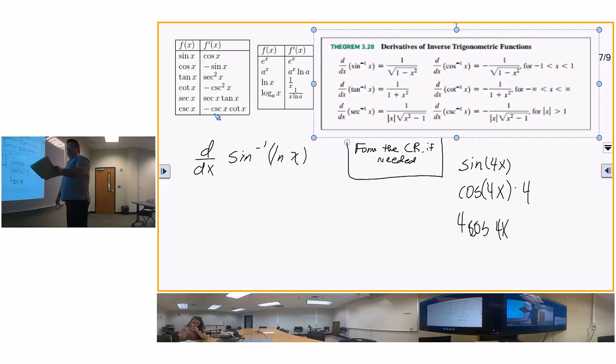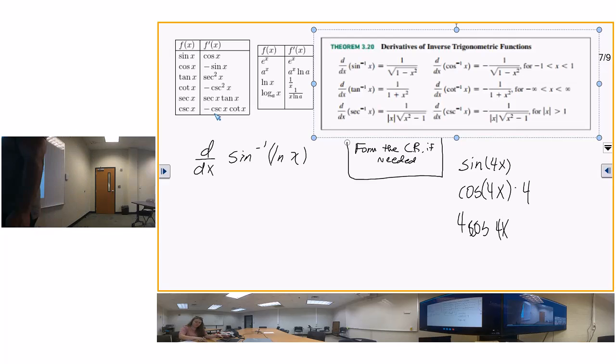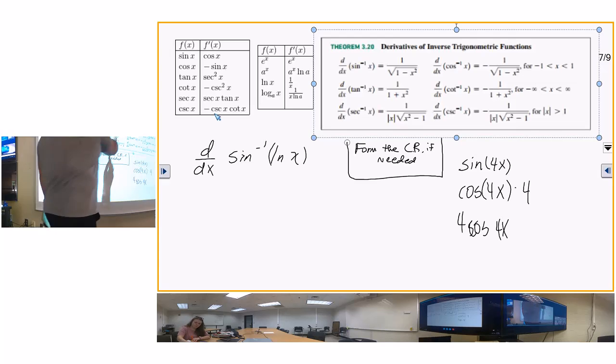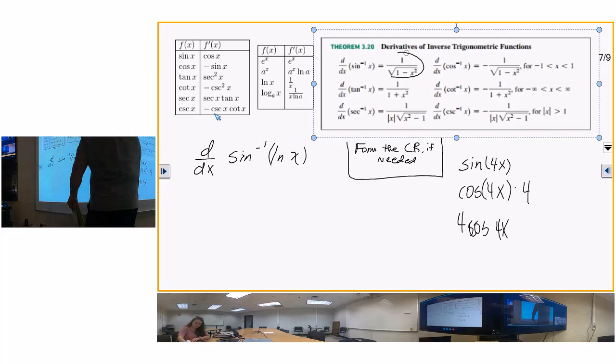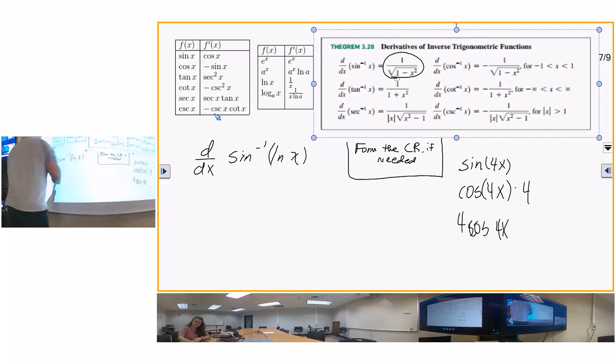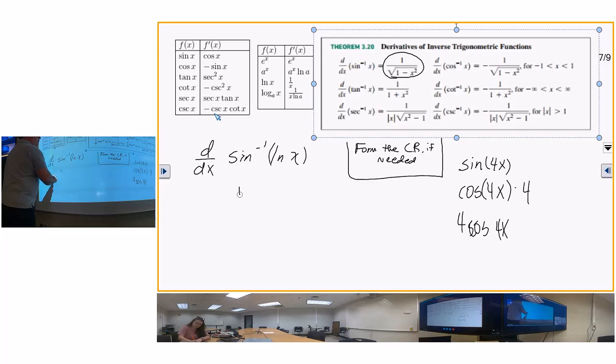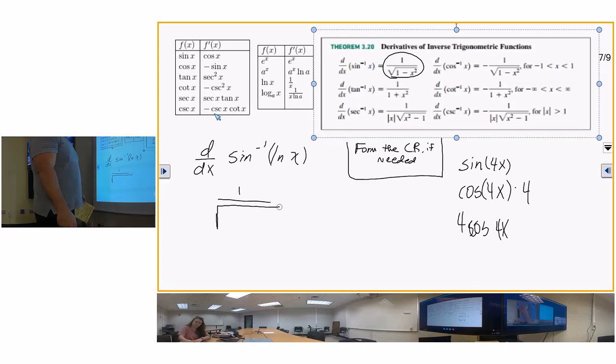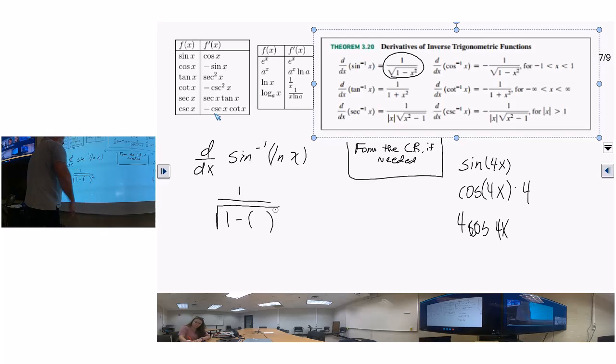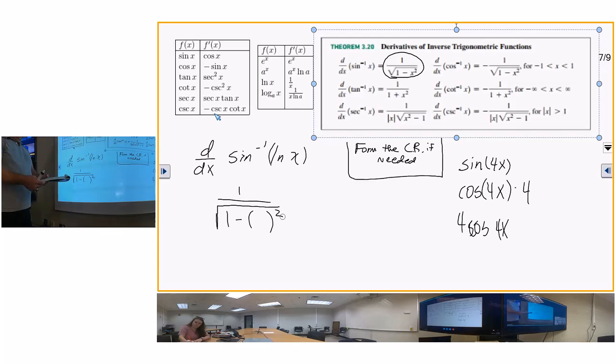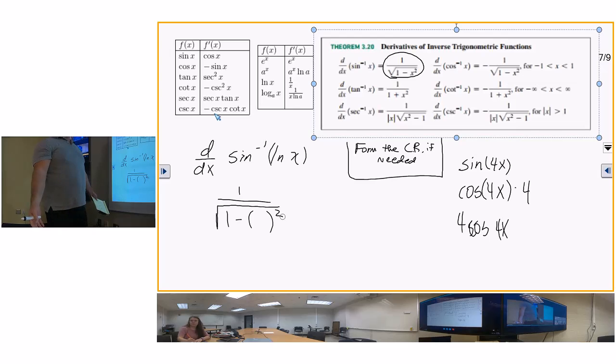So in this case, you're going to have 1. You got to use this one right here. I'm just going to rewrite it. 1 over the radical or square root of 1 minus parentheses squared. Always use parentheses. And of course, what goes into the parentheses?